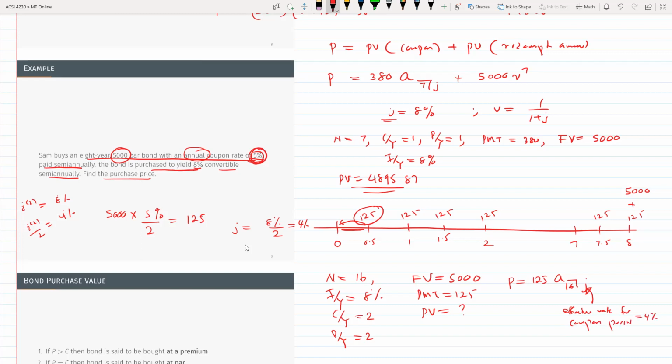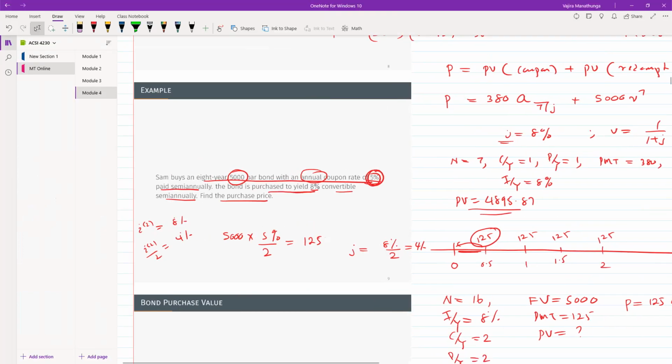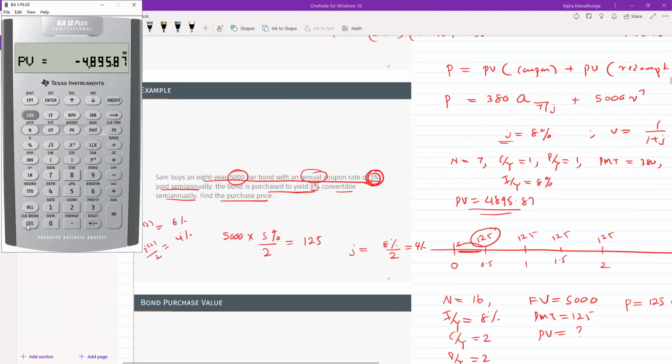That's 4%, plus 5,000 v^16. What's v? v is 1 over 1.04. Okay, that's if you use the formula. But now let's use our calculator. Let me reset it. I usually have to reset, otherwise sometimes the memory is not cleaned properly.